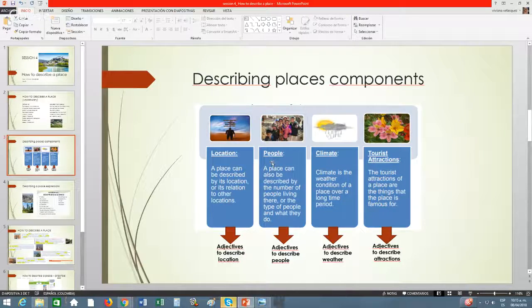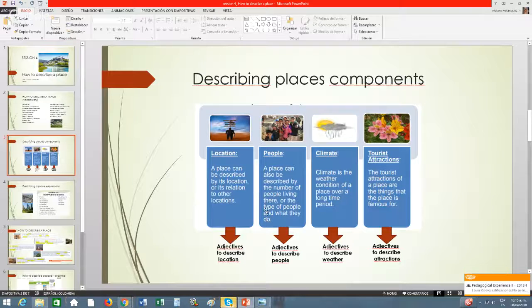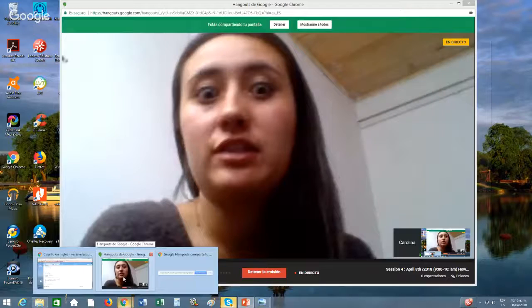Okay, teacher. People. When you refer to people, we can describe the number of people living in the place and also the characteristics of the people. In that case, cultural aspects, physical aspects, behavior. For example, I have a lot of children, and a lot of people with another language.